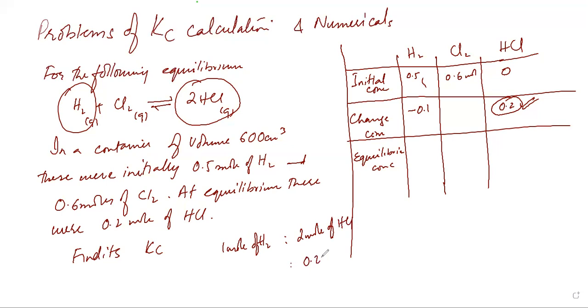So if 0.2 moles were there, this becomes 0.1 mole, which would have been used up during the process and acting as a change.